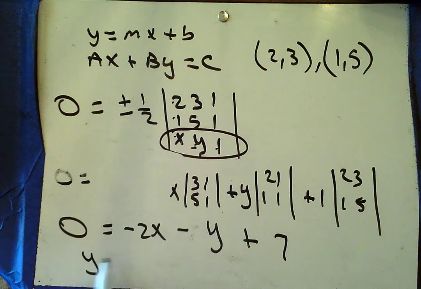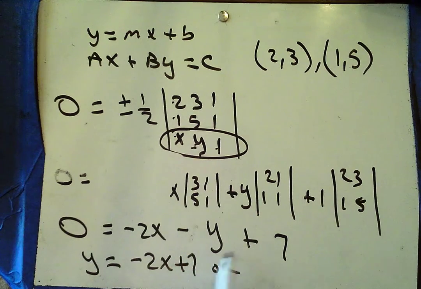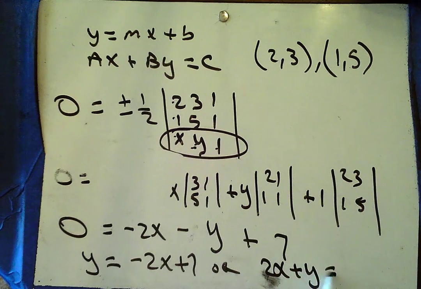Move the y over, y equals negative 2x plus 7, or move these two over and get 2x plus y equals 7.